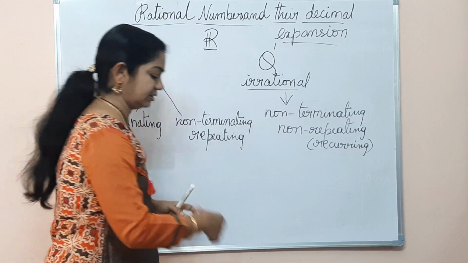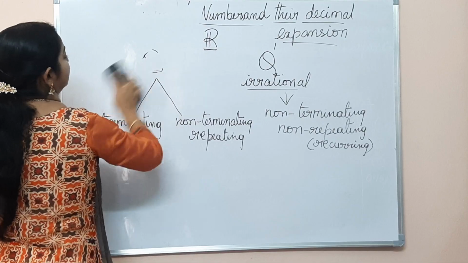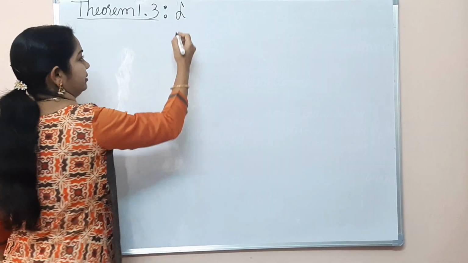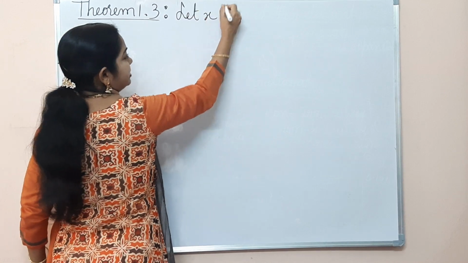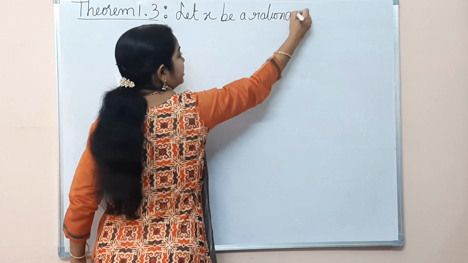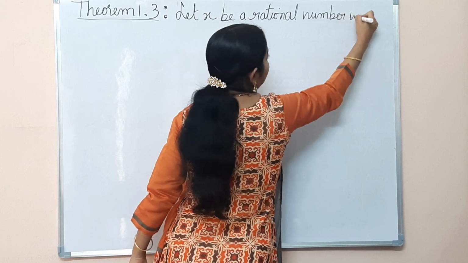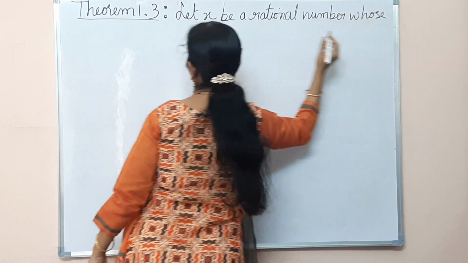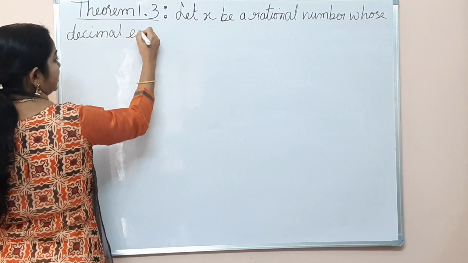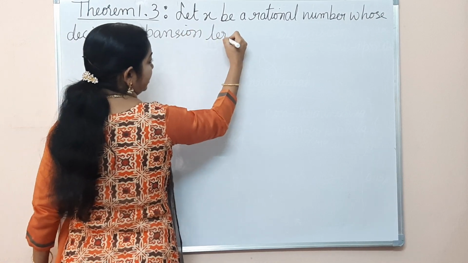Now, I'll tell you theorem 1.3 of your textbook. The statement is: let x be a rational number whose decimal expansion terminates.